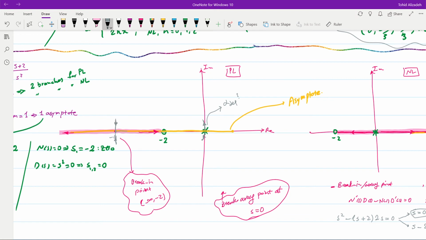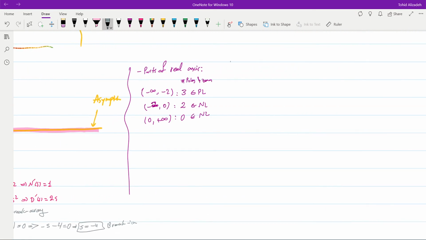Then one will move towards the 0 at minus 2, and the other one will move towards minus infinity. We will have some kind of graph like this. And for the negative locus, it's kind of obvious what we have. So let's check out how we can determine the angle of departure.